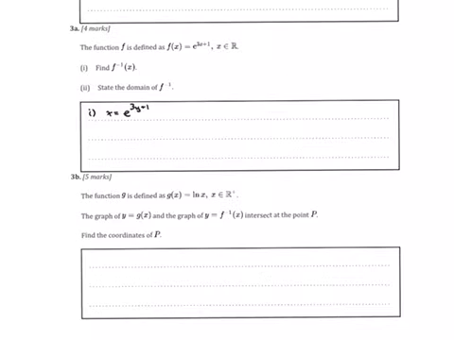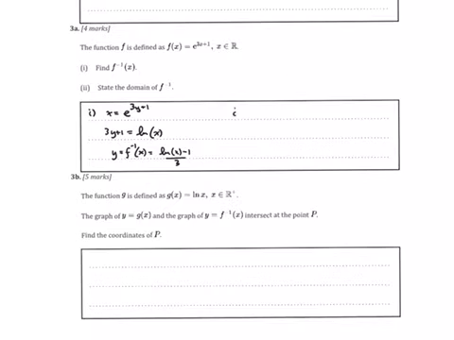So that would be 3y plus 1 is equal to ln of x, subtracting 1 and then dividing by 3, you would get y, which will be the inverse of f, which would be ln of x minus 1 over 3.